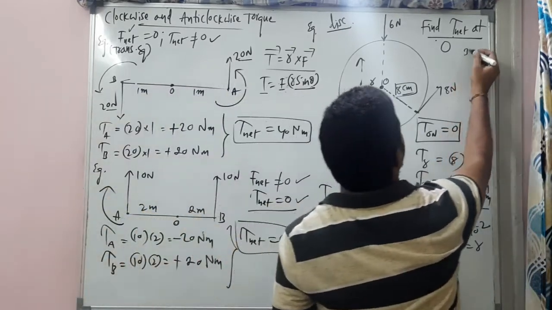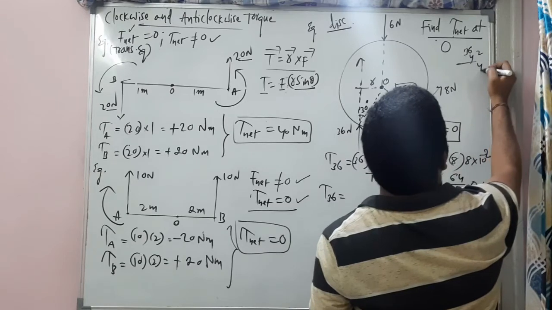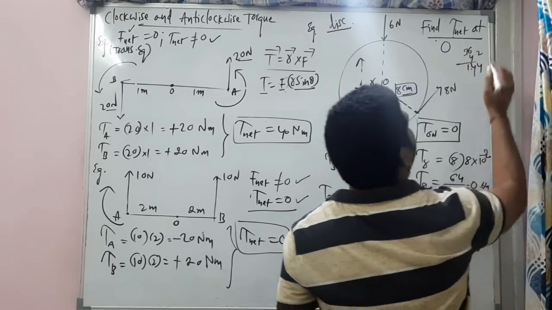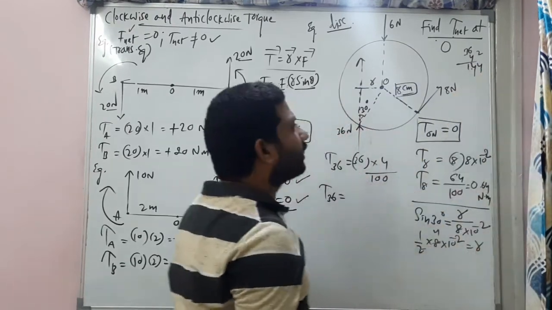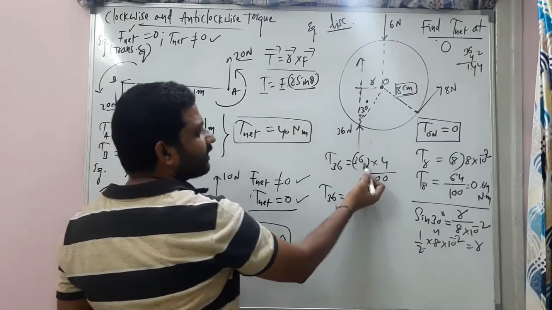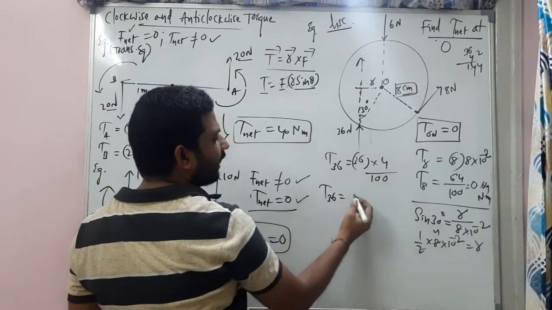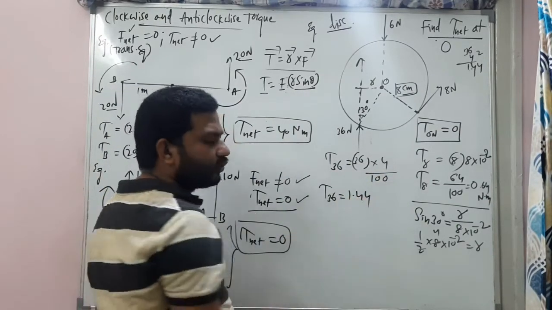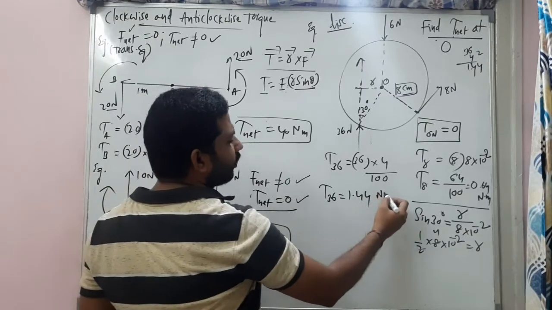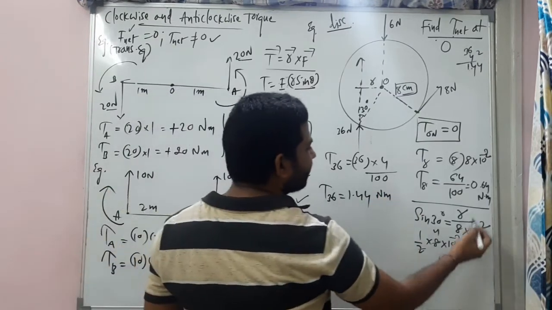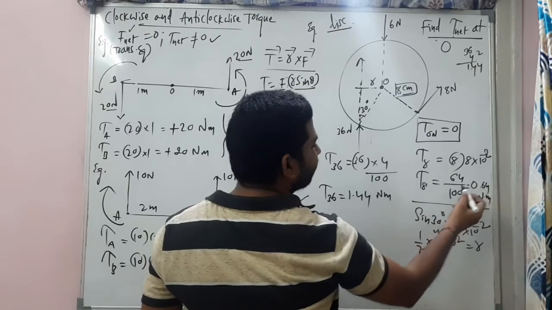How much will it be? 36 into 4 is 144, so 144 by 100 is 1.44. So 1.44 Newton meter, and this is 0.64 Newton meter.